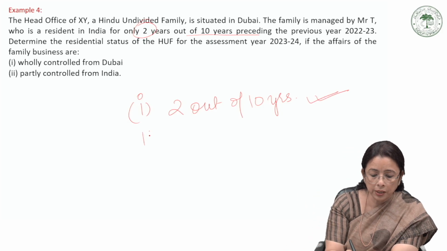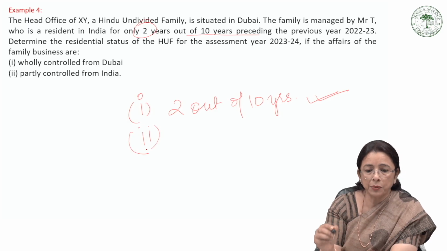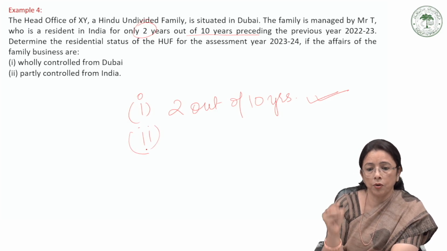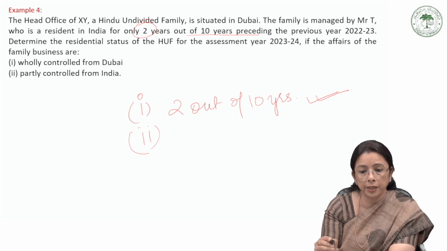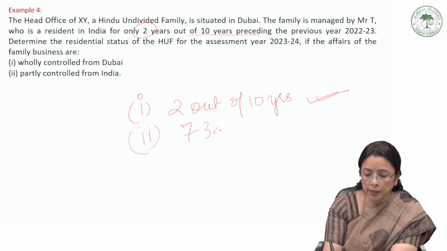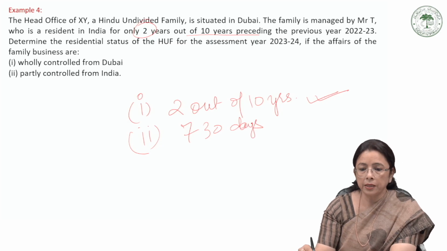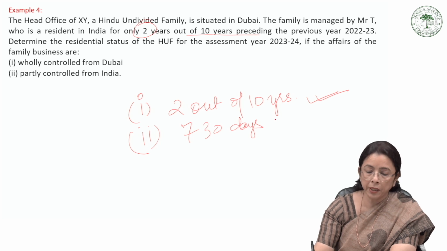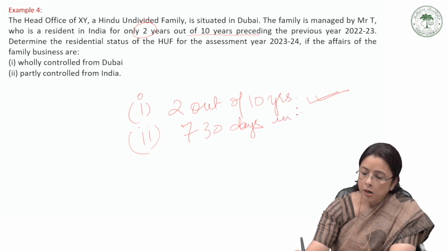The second situation says that he has been in India for a period or periods maybe amounting in all to 730 days or more during the previous 7 years.